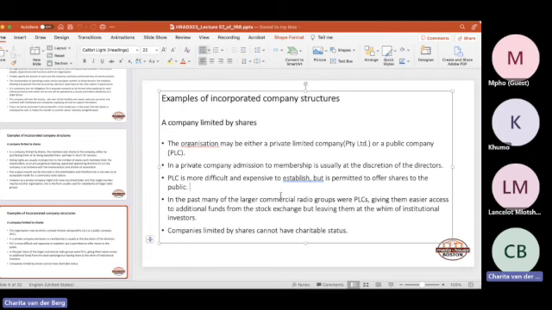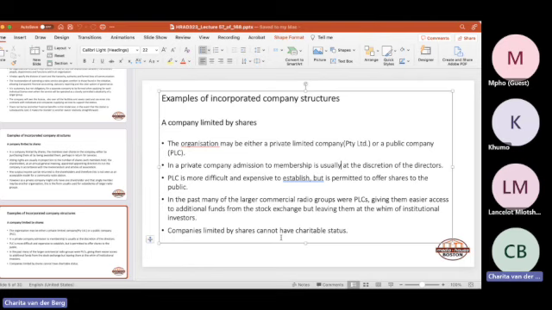So in the past, many of the larger commercial radio groups were PLCs, giving them easier access to additional funds from the stock exchange. But it leaves them at the whim of institutional investors, because now you have a lot more people involved who are stakeholders and invested in the company. So it's easier to maintain control of the company if you are a PTY Limited company, okay?